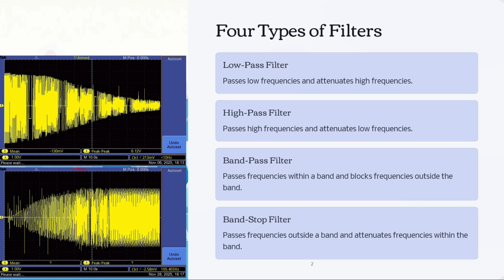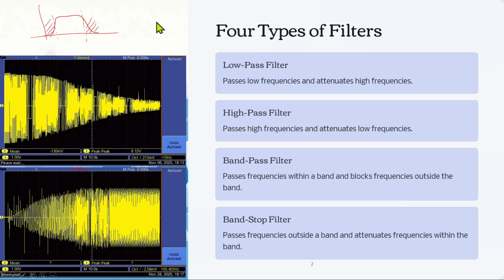So we get a signal of this format. It allows a particular range of frequencies, attenuating below and above it. This is called the band pass filter.